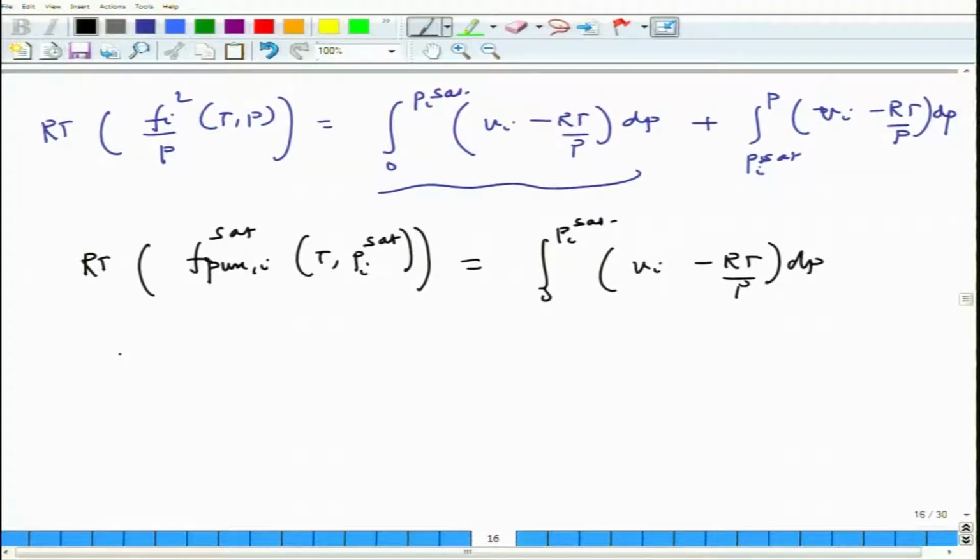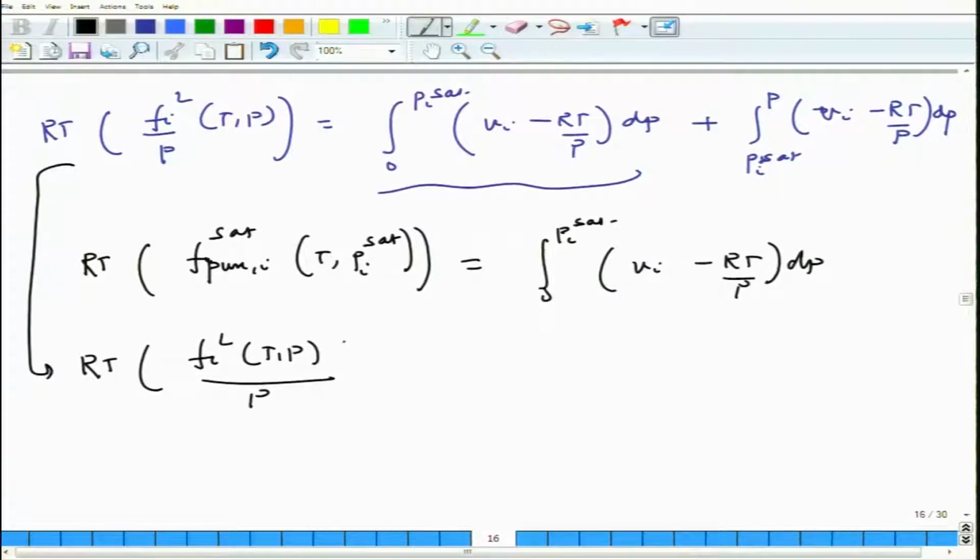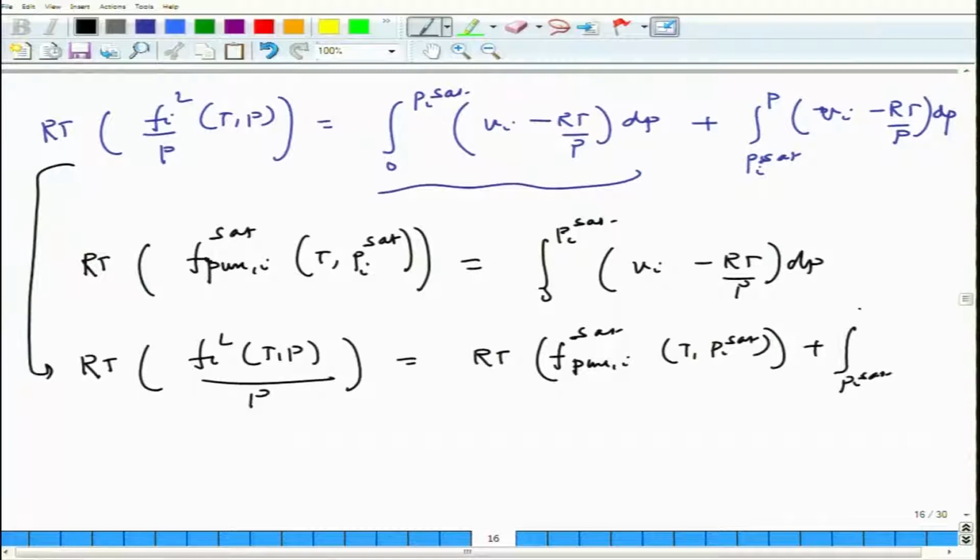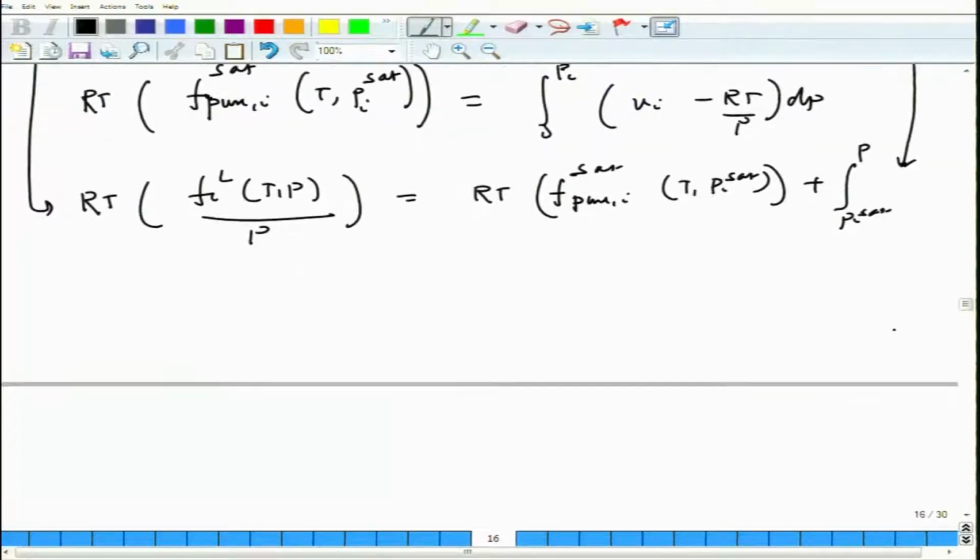So, let me write down here: RT ln of f_i^L at T and P by P is nothing but RT ln f pure i sat at T and P_i sat, plus this integral from P_i sat to P, and this expression we will get here.